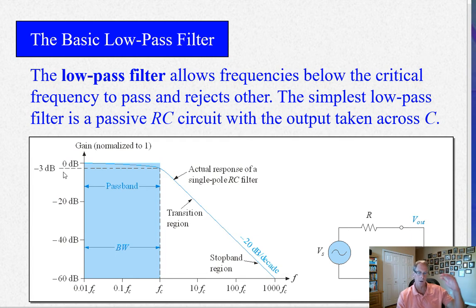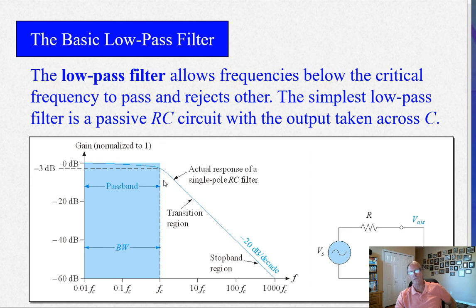So it's 3 dB below the passband gain. That's actually equivalent to 0.707 or about 70% of the passband gain, so it equates to linear terms.